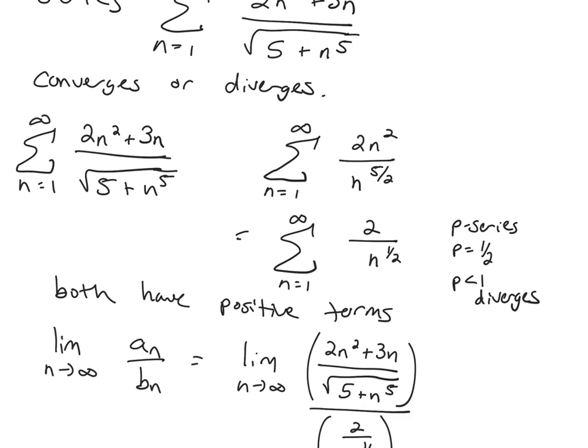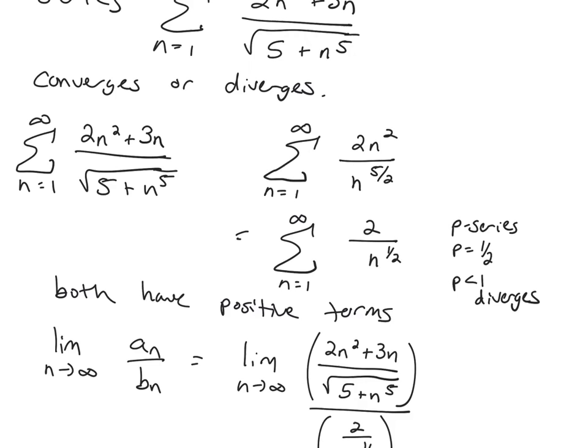Like in the first example, I only changed the numerator, or I only changed the denominator to make up my new one. But this one I had to make two changes. That's a lot of change in order to say which one is bigger. It's going to make it difficult. So a lot of times if I make too many changes, I'll just go for the limit comparison, because then I don't have to figure out which one is bigger than the other.